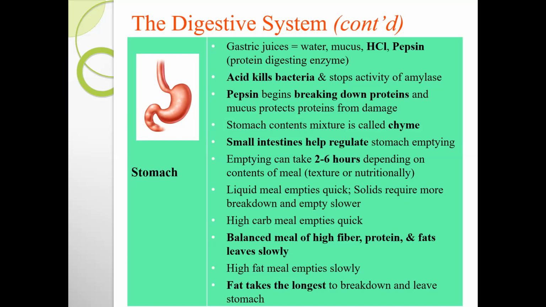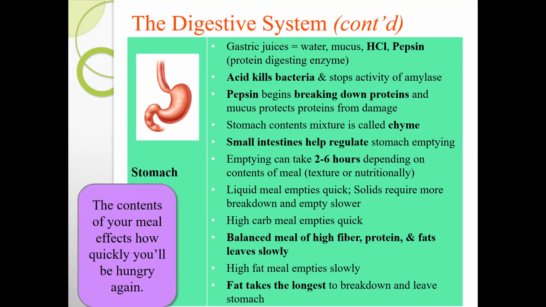So when food leaves the stomach quickly, like a high carb meal or a sugary beverage, then we're more likely to just quickly absorb those nutrients instead of slowly absorbing nutrients with a balanced meal and then staying full for longer throughout the day. So remember that the contents of your meal affects how quickly you'll be hungry again.